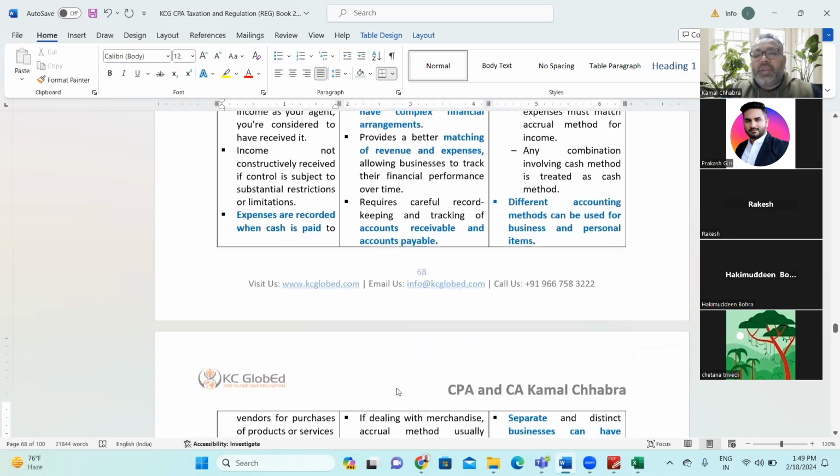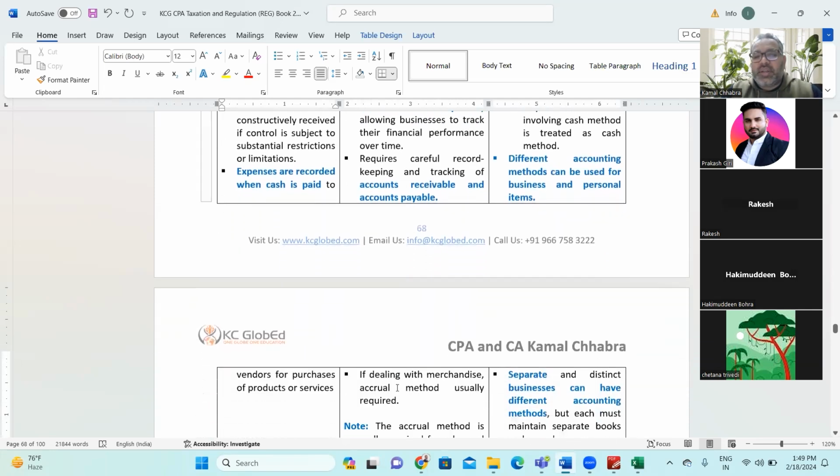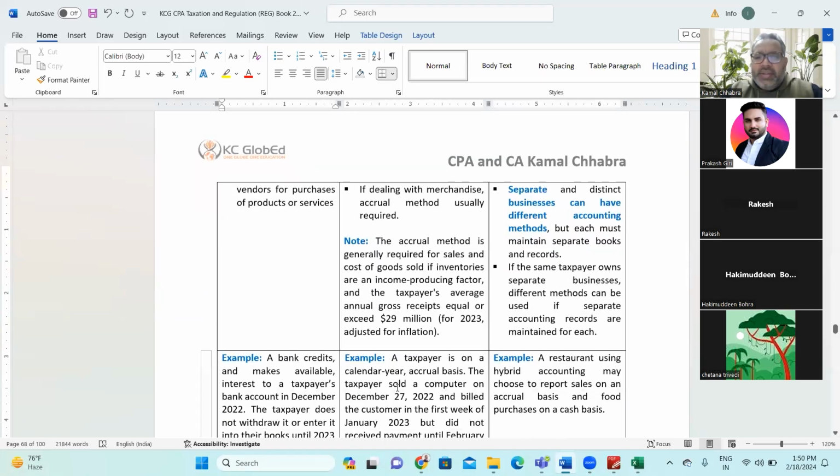A different accounting method can be used for business and a personal item. It is possible that for business purposes you use the accrual method, and for personal items you follow the cash method. That is permissible. Separate and distinct businesses can have different accounting methods.